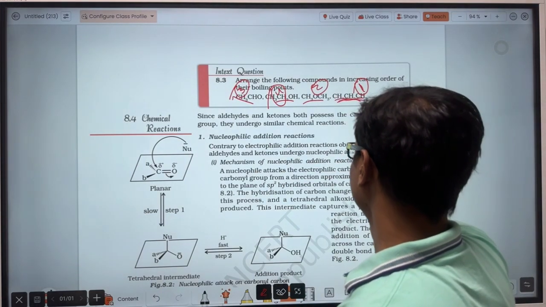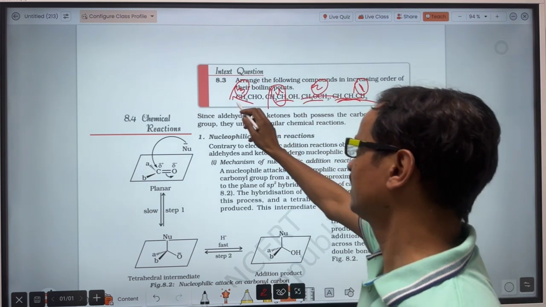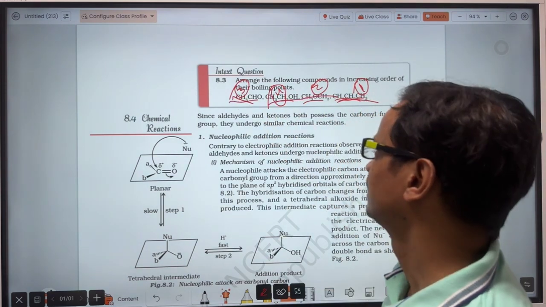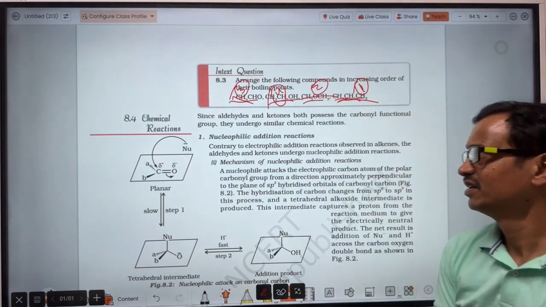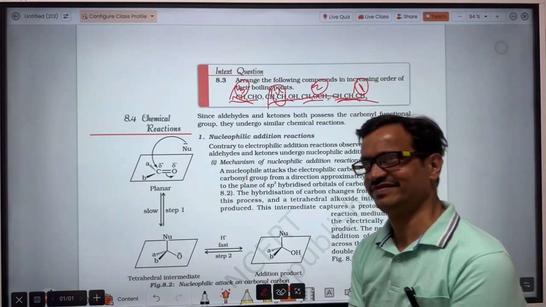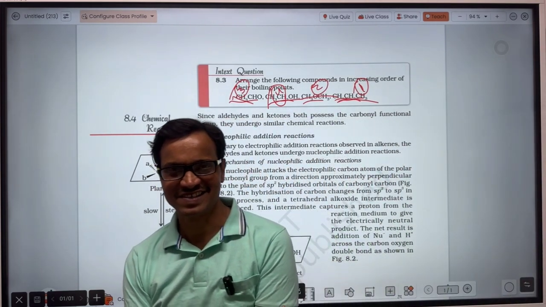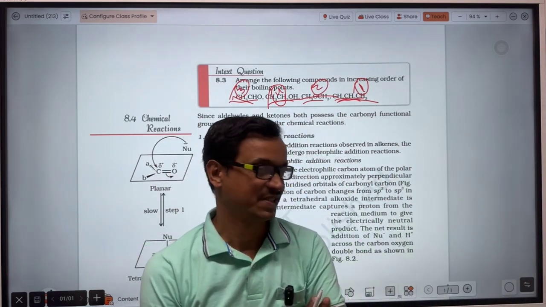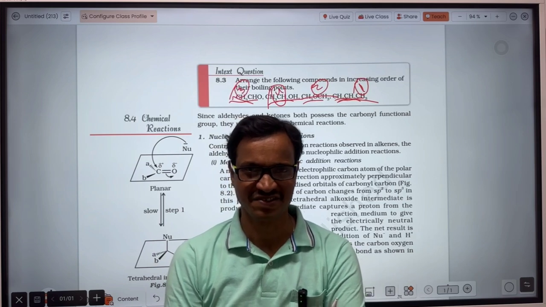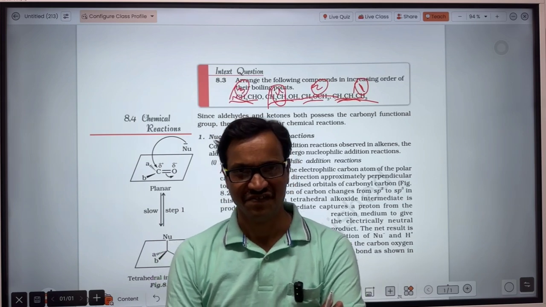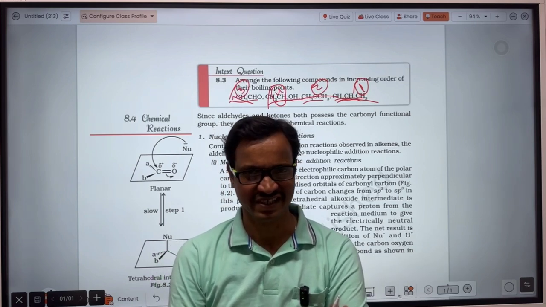So the order will be firstly alkane, then ether, after that aldehyde, and highest will be alcohol. Okay.